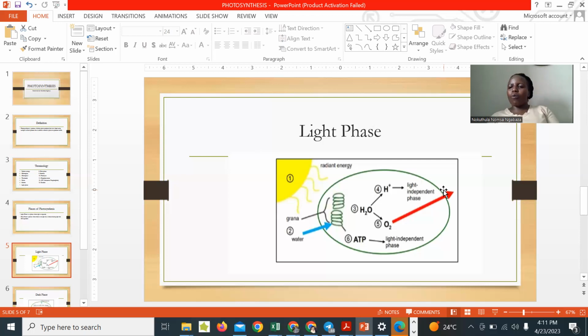If you remember when we did our terminologies, we specified that phosphorylation is the formation of the energy transporting molecule, which is called the ATP. So that energy transporting molecule is going to be mixed together with the NADPH so that it can be used during the dark phase. I hope everyone understands that.